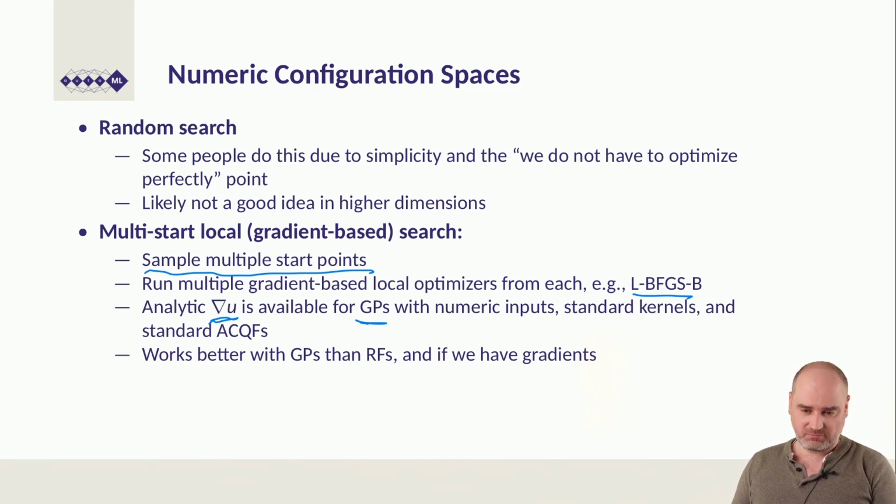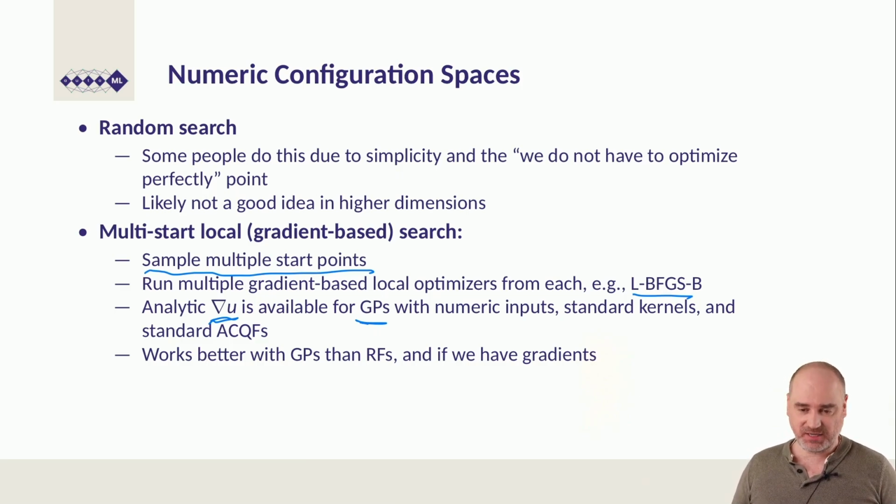So you can take the derivative of our GP model with respect to lambda, but you can also usually take the derivative with respect to lambda of the acquisition function itself. So if you combine a Gaussian process with a standard kernel and a standard acquisition function, you can simply compute gradients in analytic form. And then you can run a gradient-based optimizer on this.